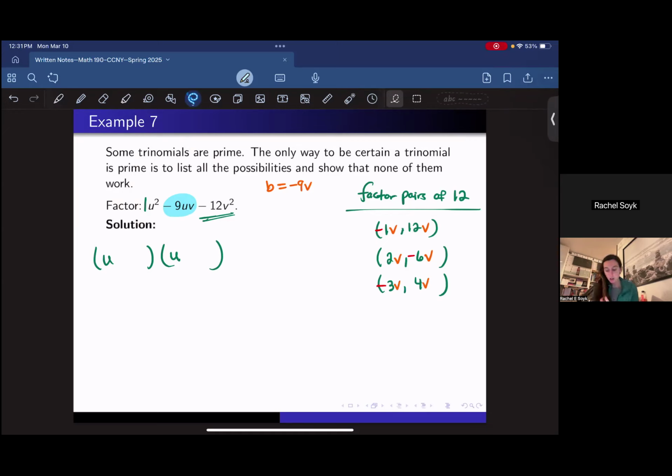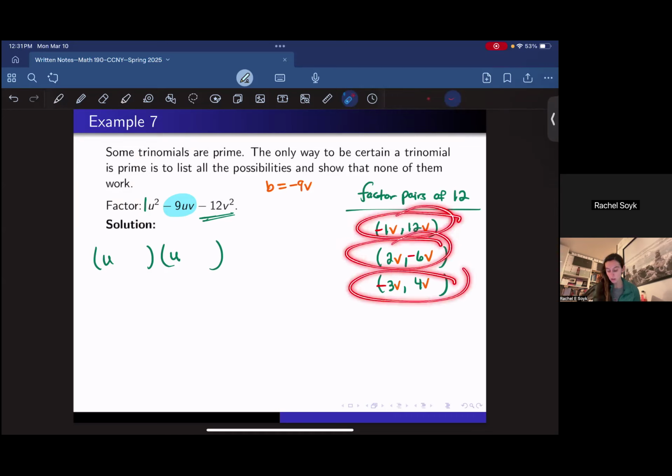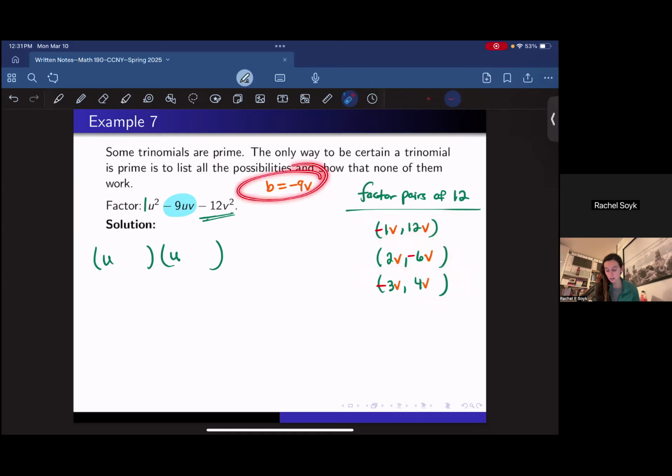And now we want to see, okay, well, all of these factor pairs, which one can give you that negative 9v? Obviously, we need to possibly manipulate that negative. Instead of it being here, we can fit it over into the other term. But do any of these give you negative 9v? This gives us positive 11, or let's say we put the negative here, that gives us negative 11.